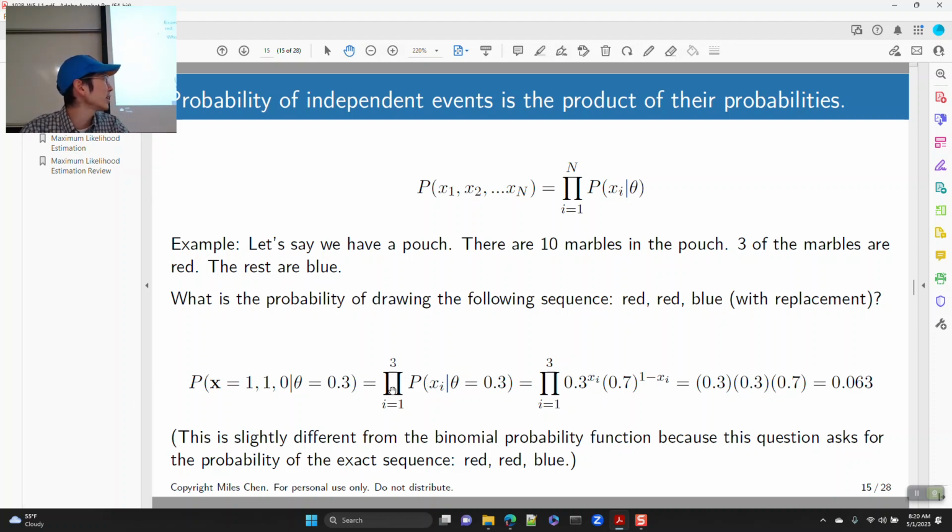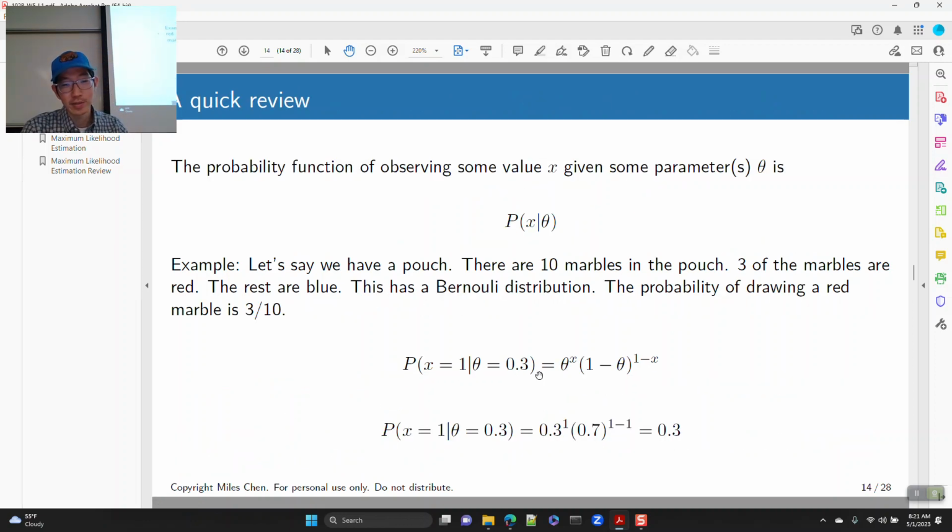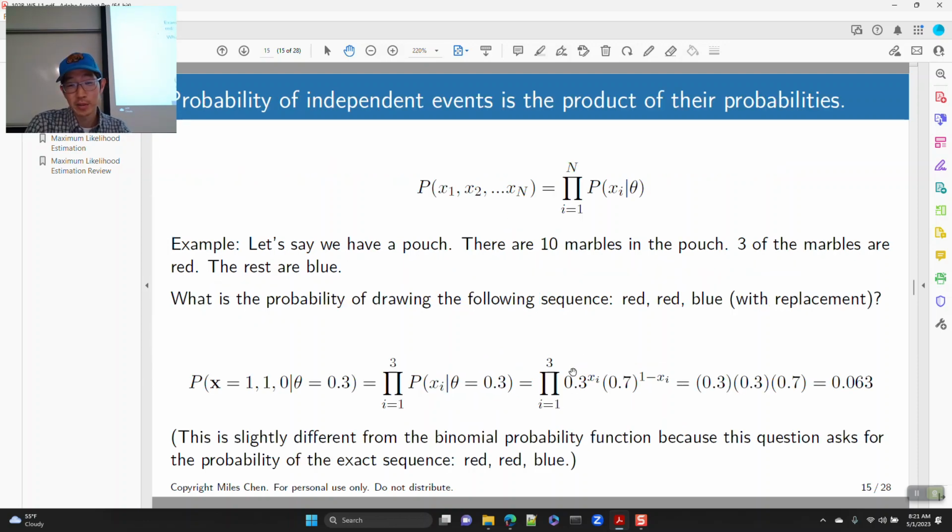The capital pi means the product of, and when you have a sequence of independent events, you take the product of all of their probabilities. So the total probability of the sequence red, red, blue, or 1, 1, 0 for the outcomes, is the product of this function, theta to the x, 1 minus theta to the 1 minus x, and we get 0.3 times 0.3 times 0.7.